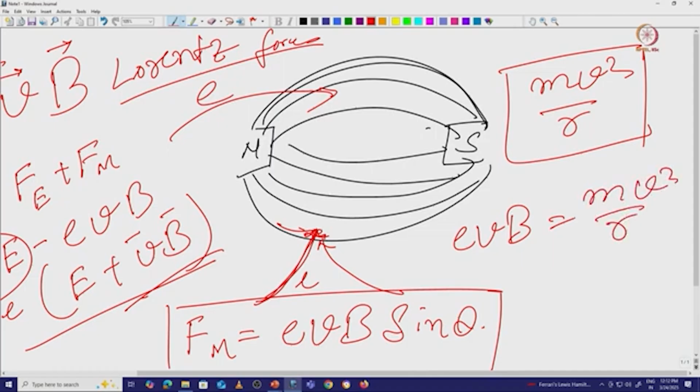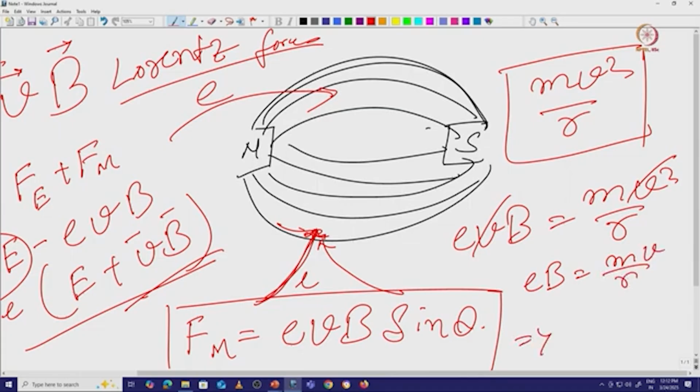From this one, we can calculate the radius of the electron when it follows a certain trajectory and goes through this magnetic field. So in this particular case, EB equals mv by r.